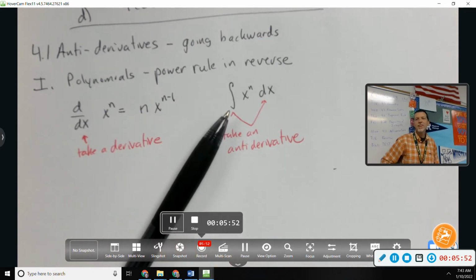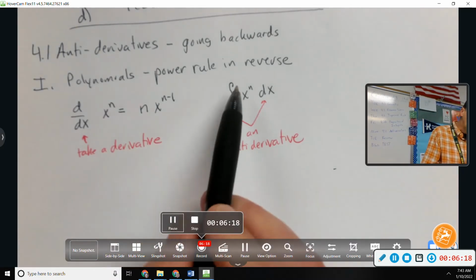What is that symbol usually? What did it mean all of last week? Find the area. And that's kind of the big deal with calculus, is the area and the antiderivative are sort of the same. We'll make that connection more later, but for now, yes, it means find the area, but it also means take an antiderivative. And it kind of depends on the problem as to which one you do.